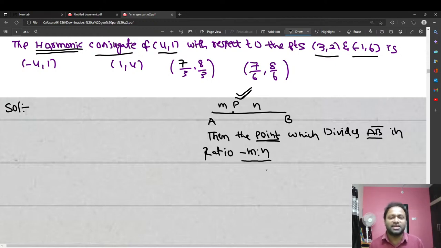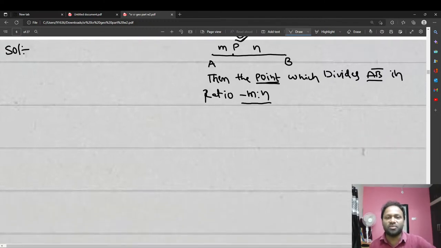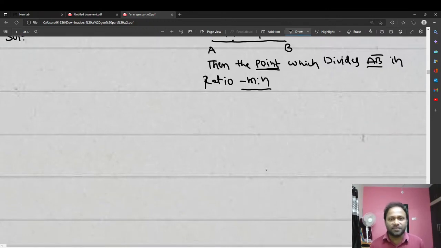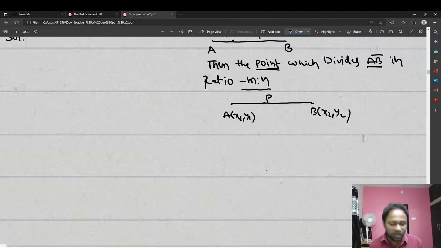To find this harmonic conjugate, we need to know one more formula, one of the important formulas. A is the point x1 comma y1 and B is the point x2 comma y2. Then in which ratio does the point P divide? For that, we have a shortcut formula. Anybody know the shortcut formula?